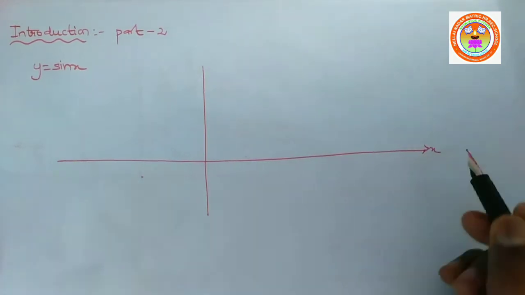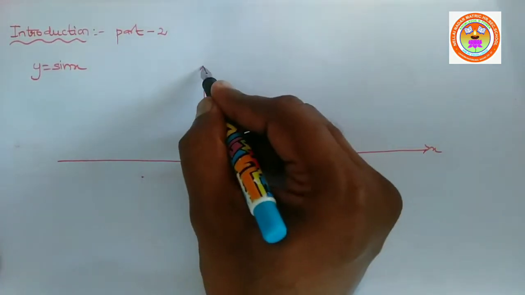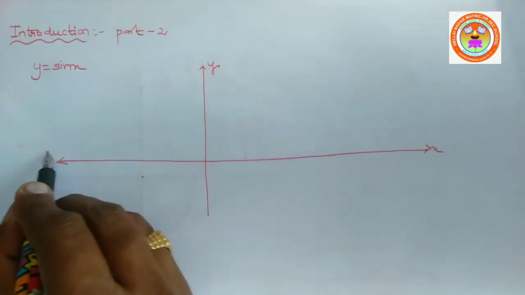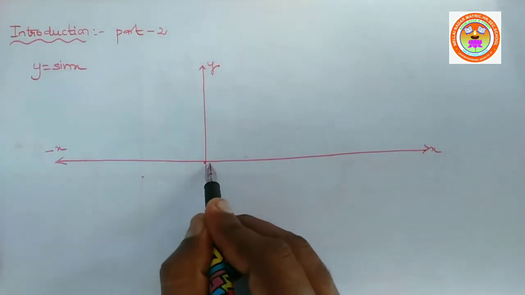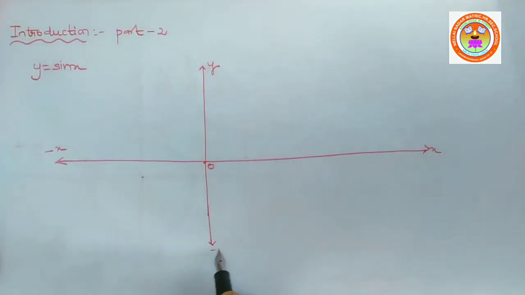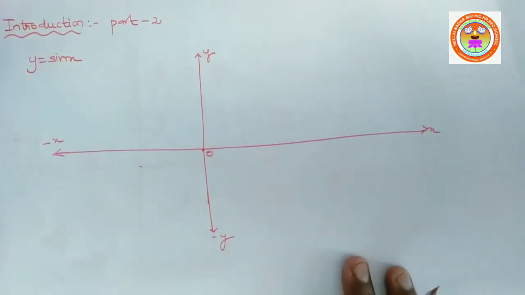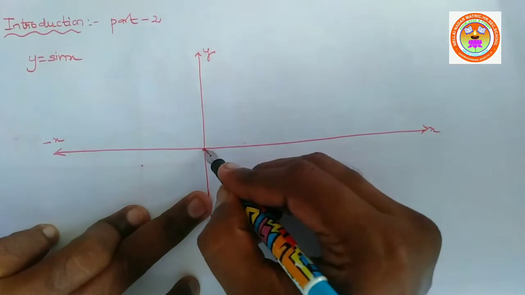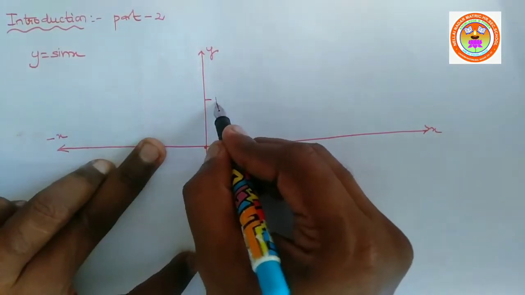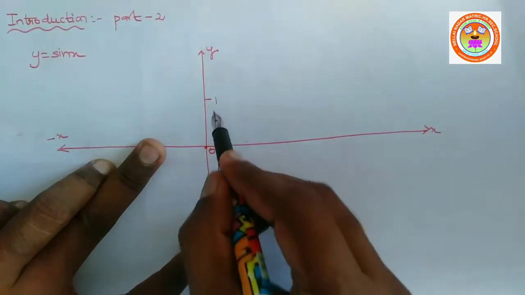This is the plus x-axis, this is the plus y-axis, this is the minus x-axis, this is the origin O, and this will be the minus y-axis. The diagram will be like this. For example, this is 1, this is minus 1.